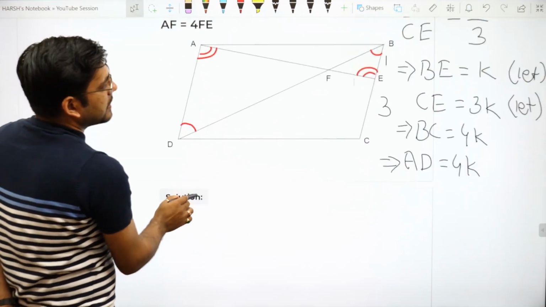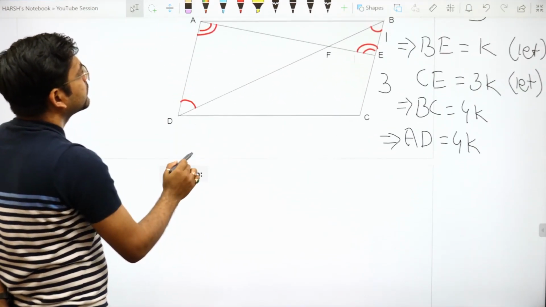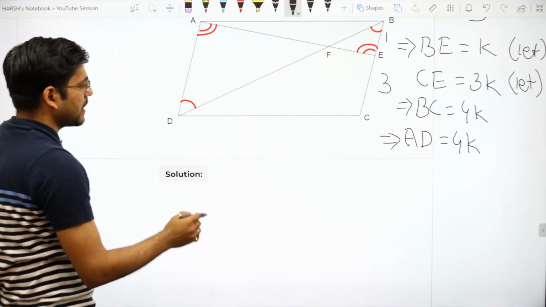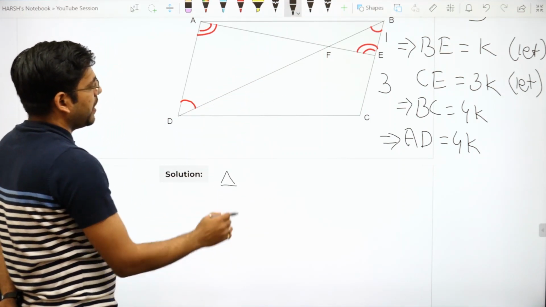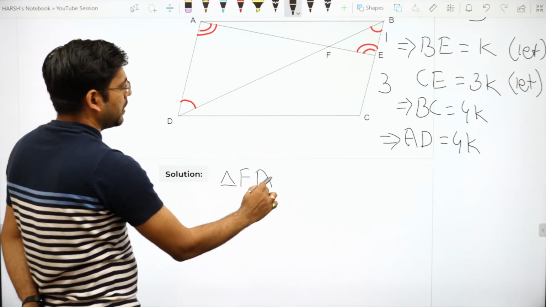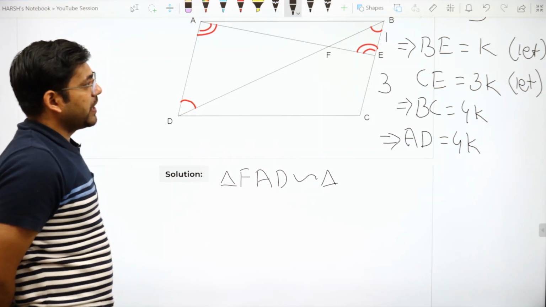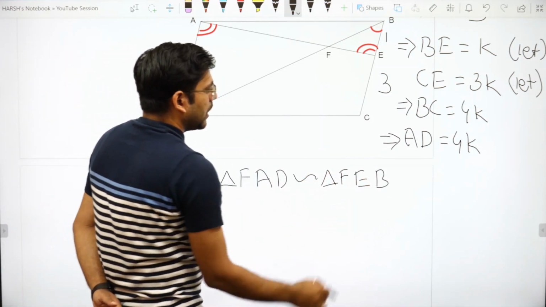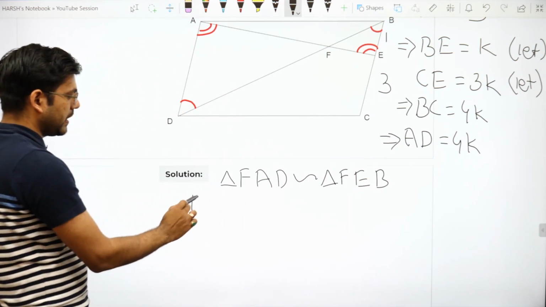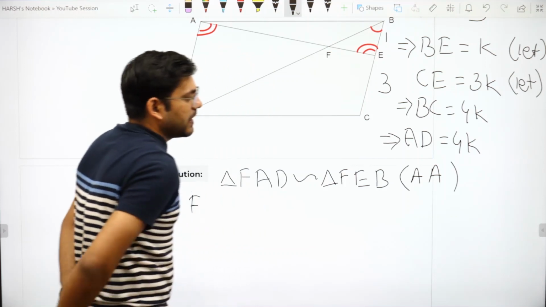If both the triangles are similar, I can write triangle FAD is similar to triangle FEB. The reason, I guess you all must know, is AA similarity.